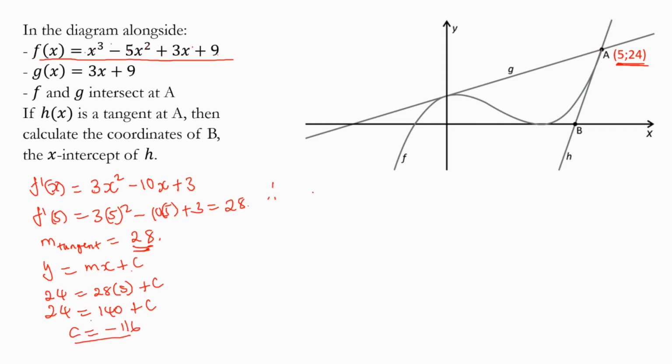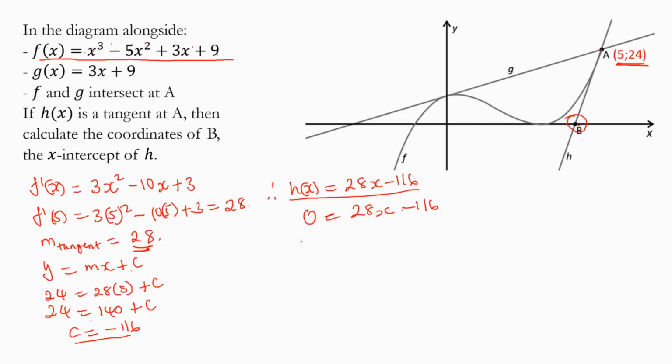Therefore, the equation of the tangent h of x is equal to 28x minus 116. So we have the equation of the tangent now. So now we can find the coordinates of B. B is the x-intercept. So for the x-intercept, where there is y, we put 0. We know that the y-coordinate is 0. So it's 0 is equal to 28x minus 116.